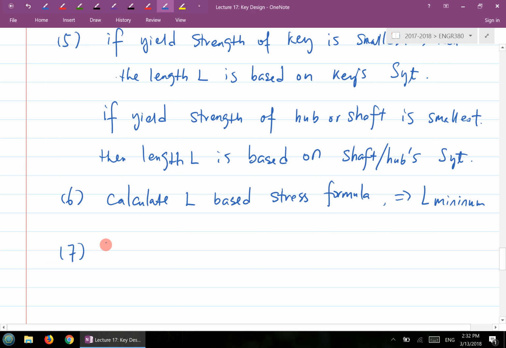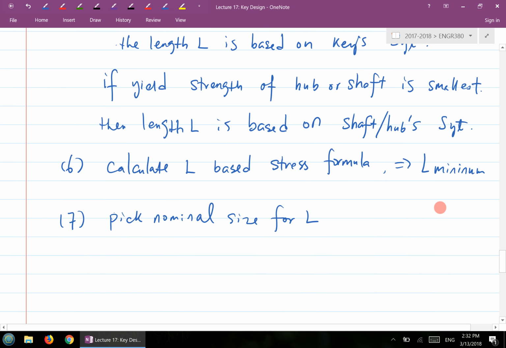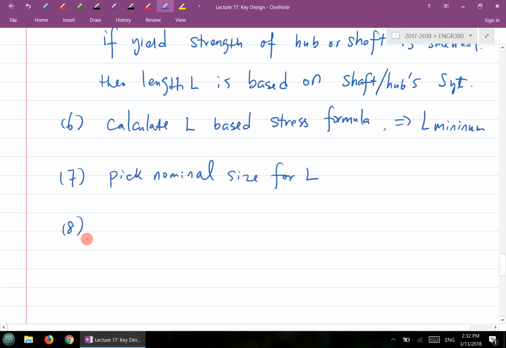So for step 7, you will pick a nominal size for the length L, and that's where you pick a size from a stock size, right, off the shelf. And in appendix A-17, I believe, there's nominal size given. And then when you do the design, a couple of things need to be borne in mind. Your key seat location, right?